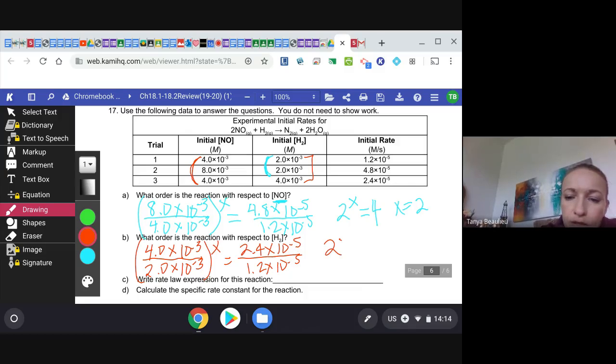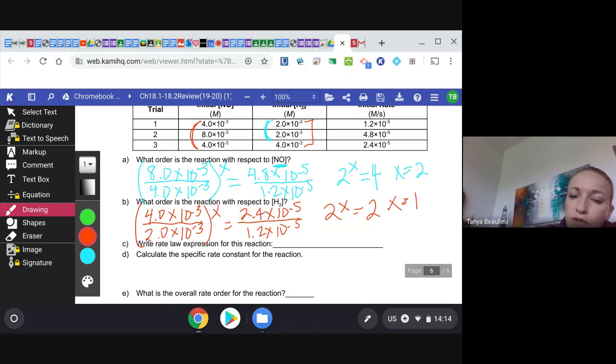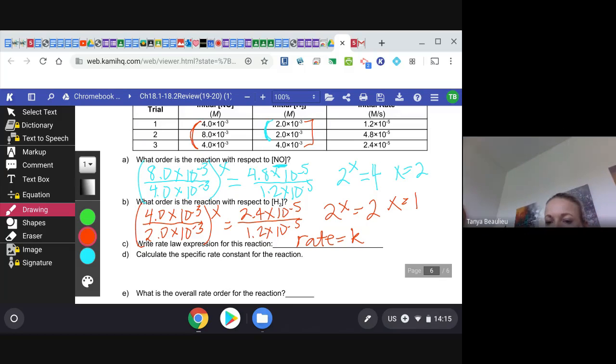So we get 2 to the x power equals 2. Therefore, x is equal to 1 here. So it is first order with respect to hydrogen. When you write your rate law, don't forget to write rate equals K. I have some people forgetting to write rate equals K. It's going to be nitrogen monoxide to the second order times hydrogen to the first order there.